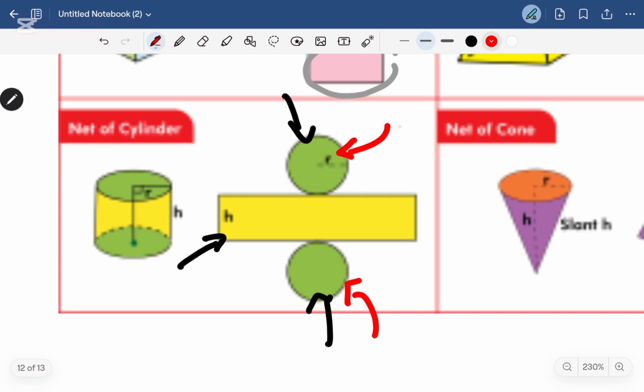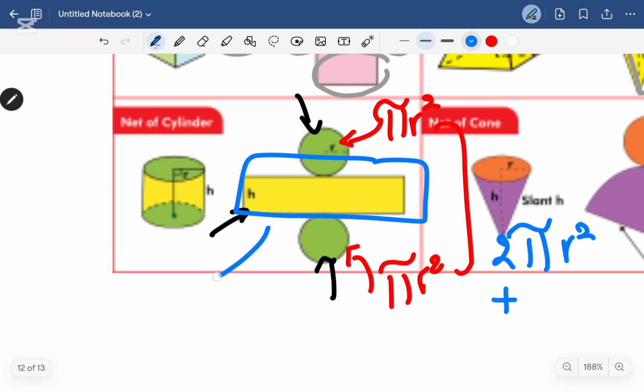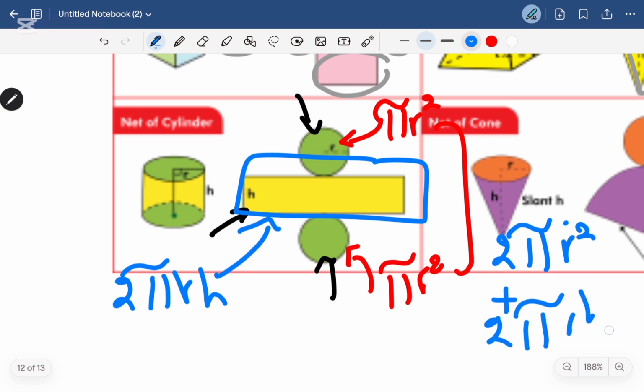So if the area of one circle is pi r squared and this is pi r squared, together it's going to become 2 pi r squared, and then plus you add it to the area of this shape over here. All you need to know is that the area of this rectangle is very simply 2 pi r h. So it's going to be 2 pi r squared plus 2 pi r h, and that is how we got this.